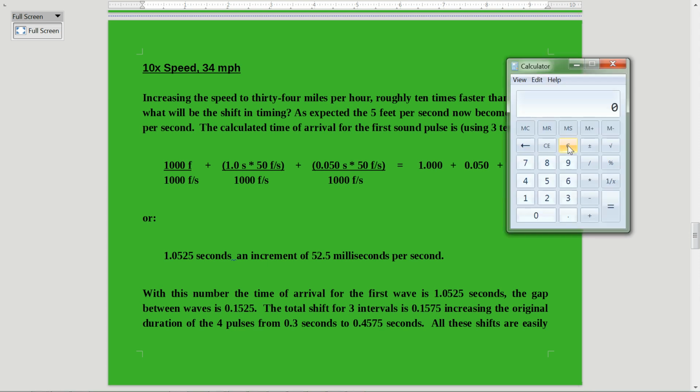I think I did the math wrong here. If I have 1 second to travel, if I move at 50 feet per second times 1/10 of a second, then I'm going to move 5 feet, and that's going to be 5 milliseconds over and above that.